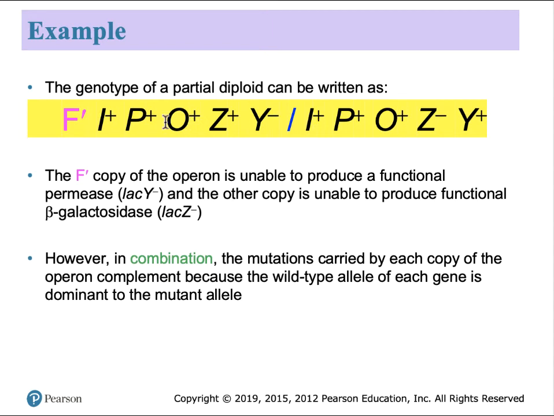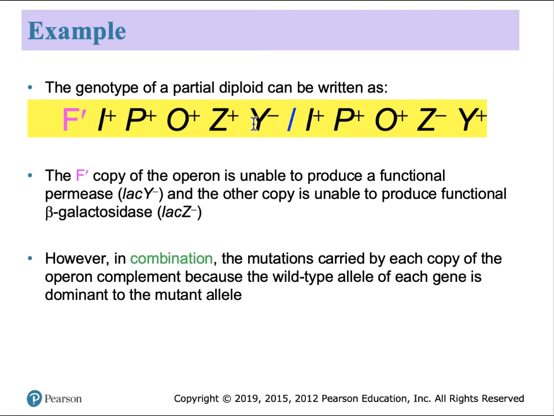The plus and minus symbols are standard genetic symbols. The plus means everything's normal, not a mutant, and the minus means that gene has a mutation within it that can affect its product. In this example, we see that the plasmid has a broken Y gene, whereas the chromosome has a broken Z gene. But overall, when you get expression of these two pieces of DNA, because everything else is perfect, including the promoters, the system will work in a normal way.